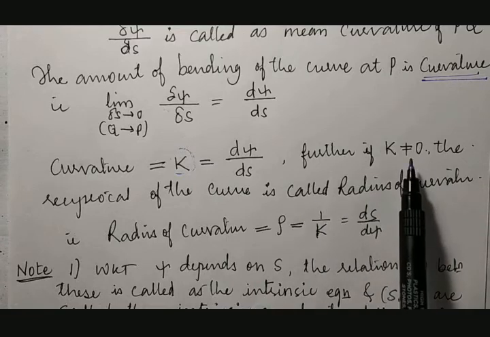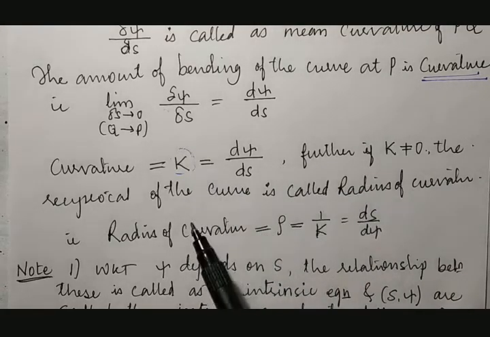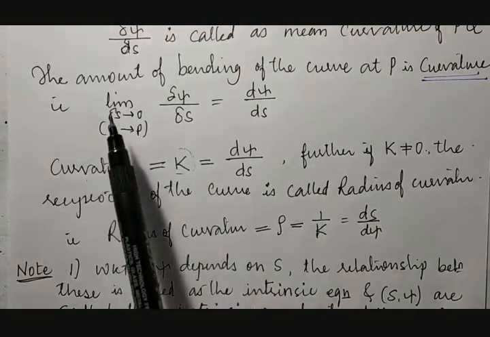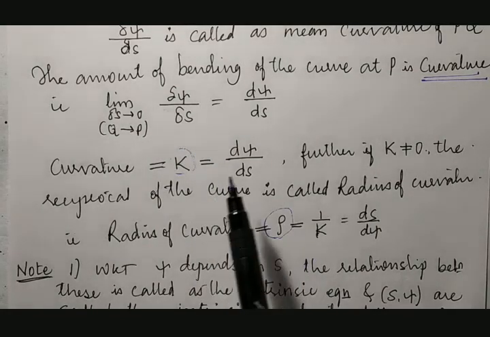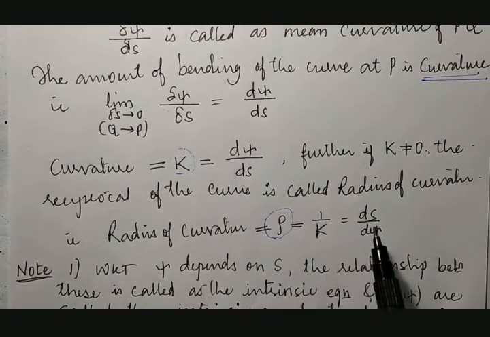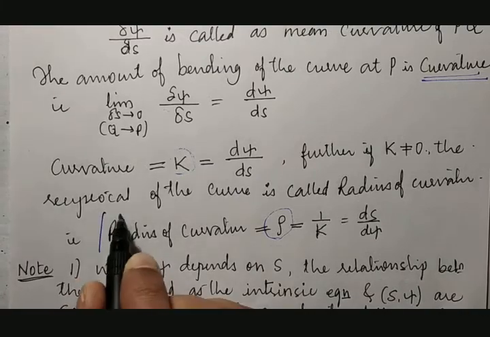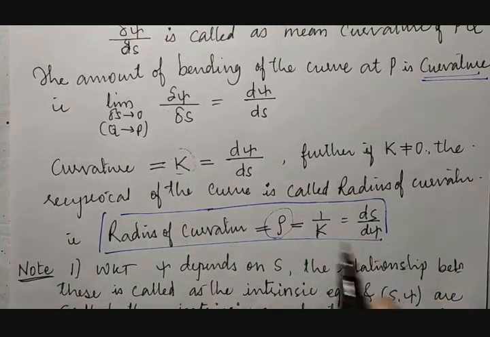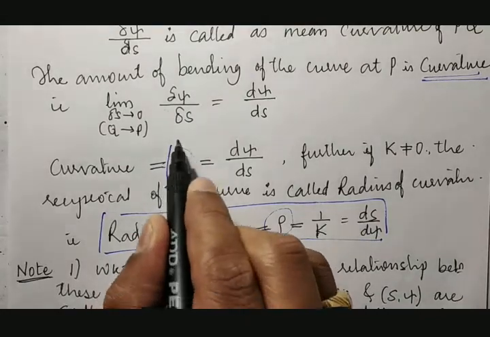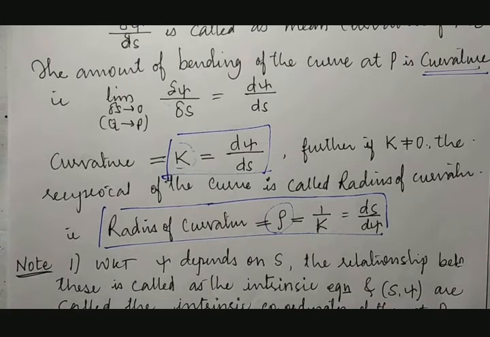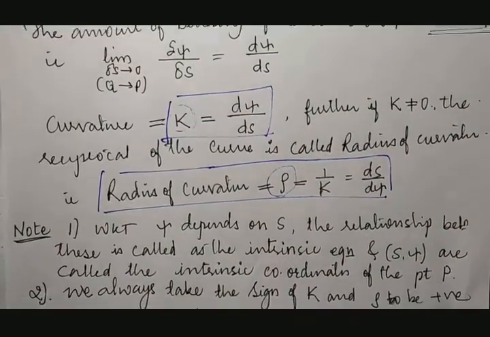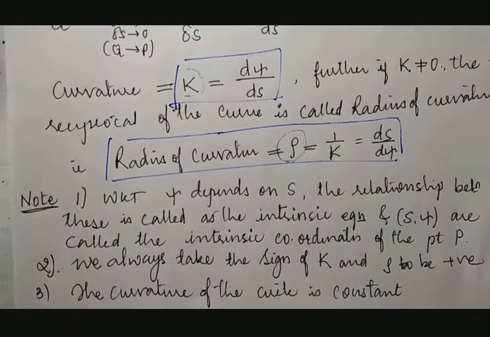But if the curvature is non-zero, then 1 divided by the curvature is the radius of curvature. 1 divided by K will be denoted by rho, and 1 divided by d psi by ds is ds by d psi. Therefore, this is the formula to calculate the radius of curvature. Here this is curvature and this is radius of curvature. They are reciprocals of each other.